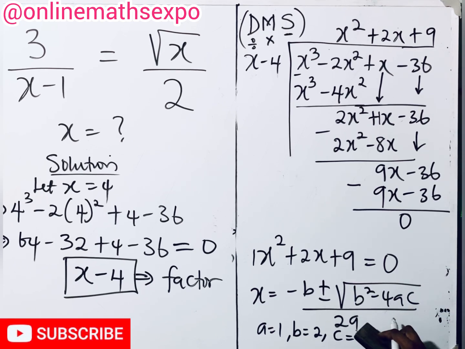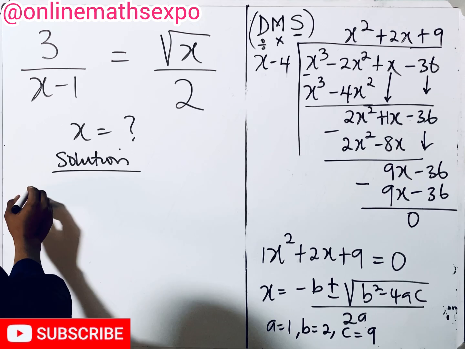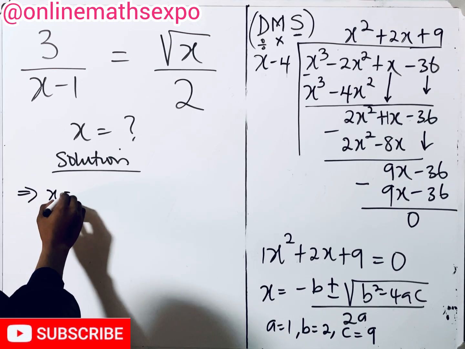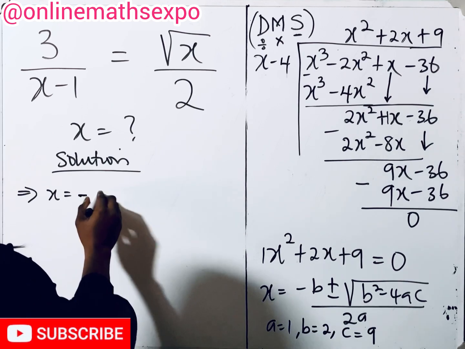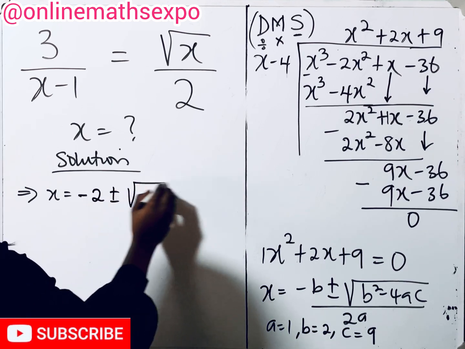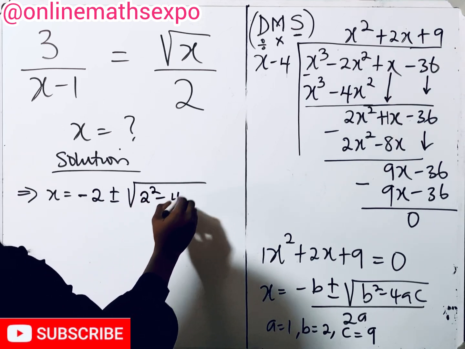So we are going to now plug. Remember, this is 2a. Okay, and this is 9. So let's plug this value into this formula to get the values of x. So we have x is equal to, bring down your negative sign, your b is 2, so we have negative 2 plus or minus square root of, your b is still 2, so we have 2 squared minus 4.